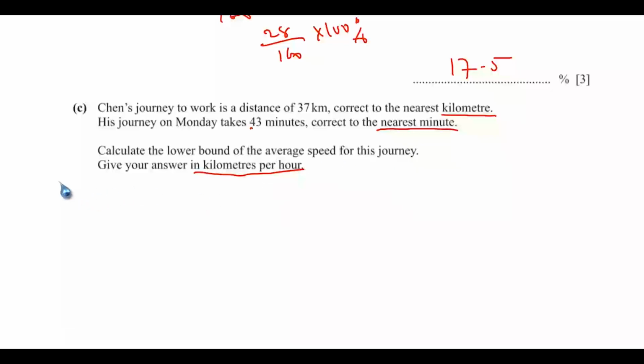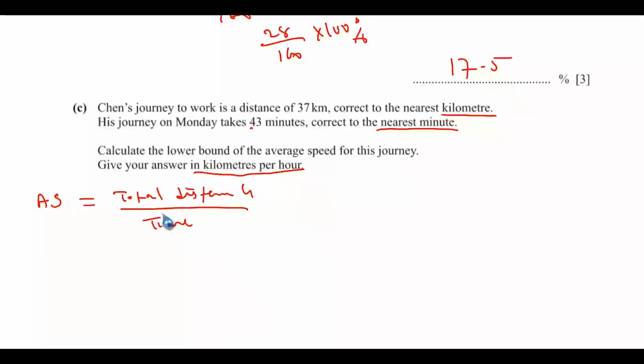So ordinarily, we know that the average speed, AS, equals the total distance over time taken. But here we want to calculate the lower bound of the average speed.